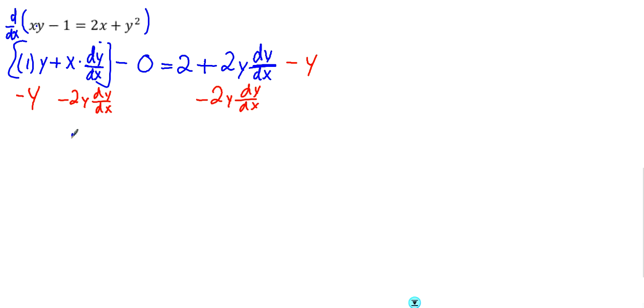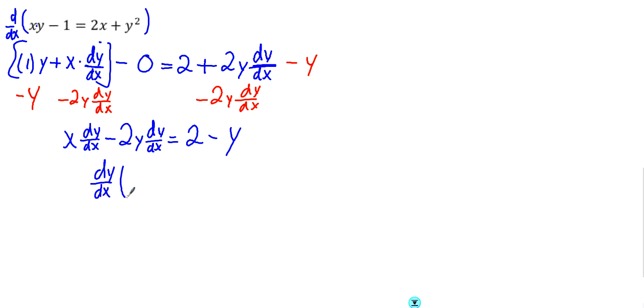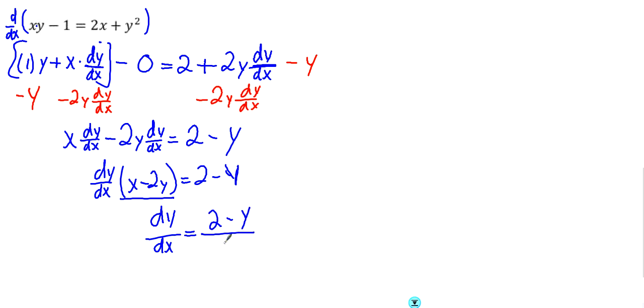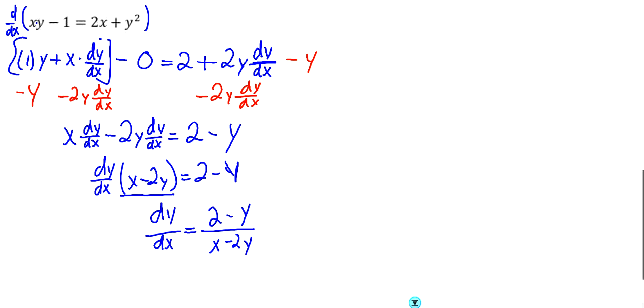I end up with x dy over dx minus 2y dy over dx equals 2 minus y. I factor out my dy over dx, which means I'm left with x minus 2y times dy over dx equals 2 minus y. Divide by this on both sides and get dy over dx equals 2 minus y over x minus 2y. So there's my first derivative.